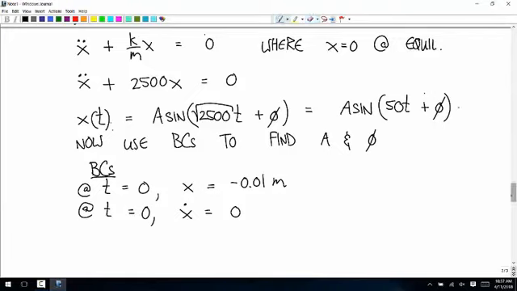So I'm going to use the x dot condition first because the zeros are easiest to deal with. So x dot as a function of time is equal to 50a times the cosine of the quantity 50t plus phi.